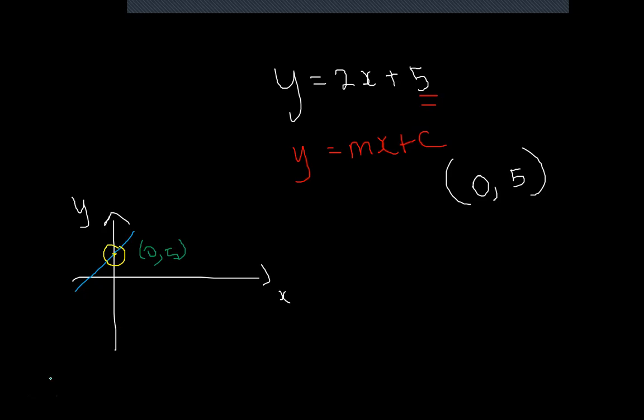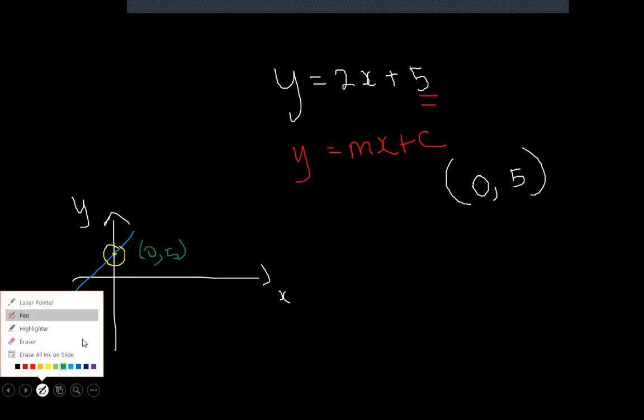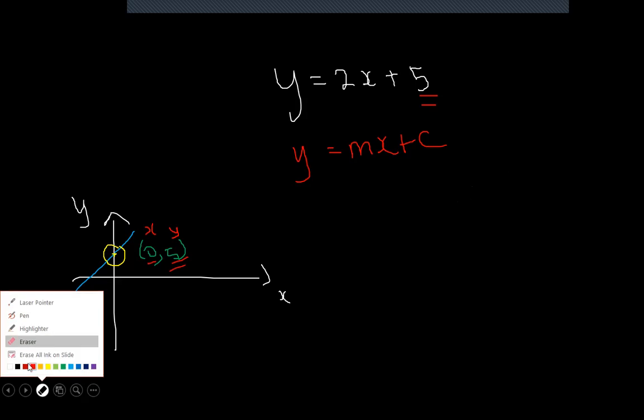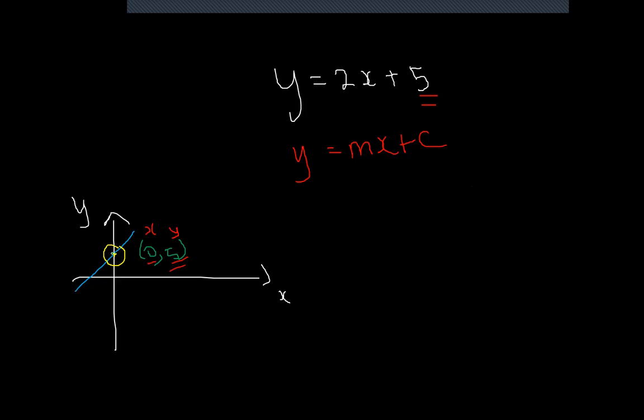So whenever a line cuts the y-axis, wherever the y-intercept is, the value of x is always 0, but the value of y is a constant. So remember, at the y-intercept, the value of x is always 0, just like you see here.